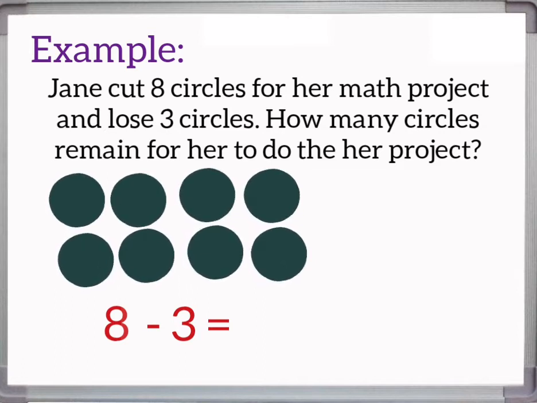Now that we have the 8 circles, we are going to take away 3 circles because that is the number sentence that we have. So let's count it. 1, 2, 3. So how many circles were left? You are right. 5 circles were left. So we write 8 minus 3 equals 5.